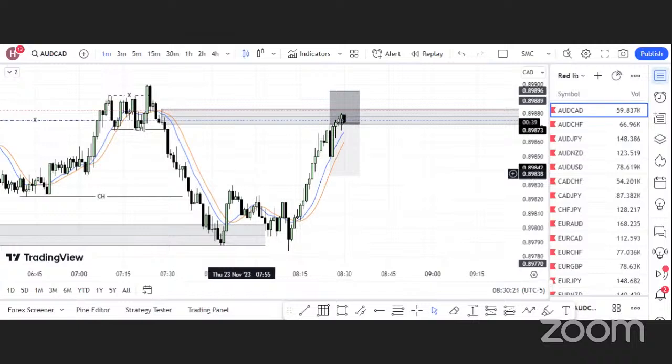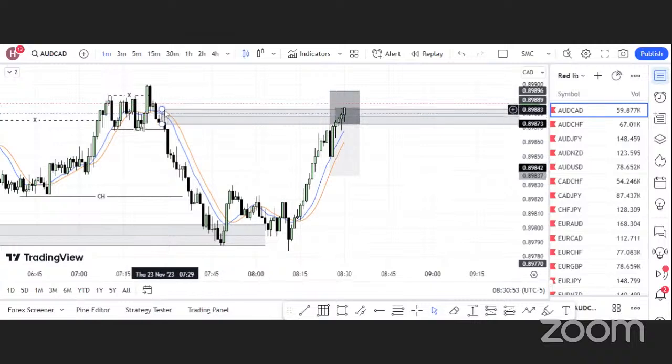So if this goes above, as I've said earlier, I'm going to leave the trade. If this closes below, then we take our entry.